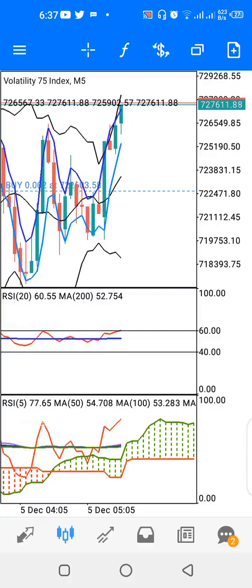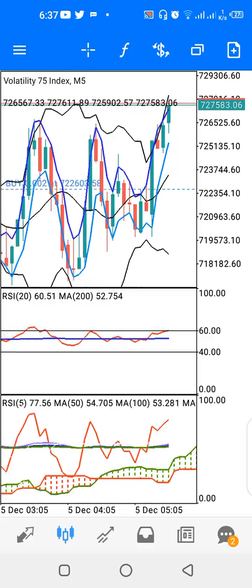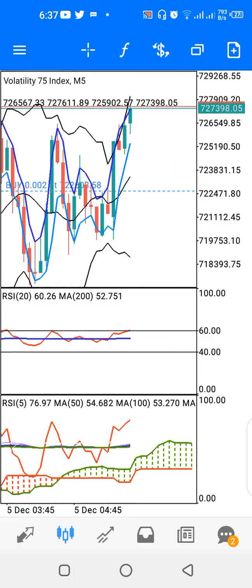Today you will be looking at a strategy you can use to trade volatility 75 index on the 5 minutes time frame. On my screen I have V75 5 minutes time frame, and I have three windows.